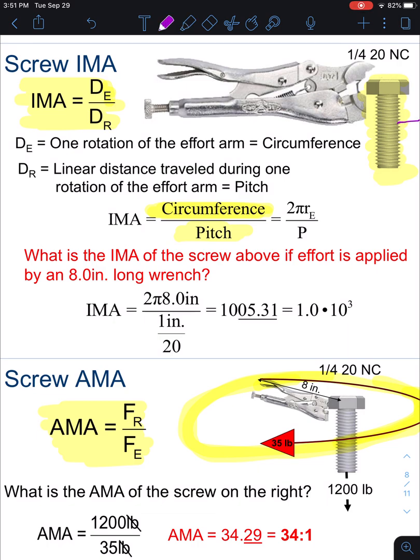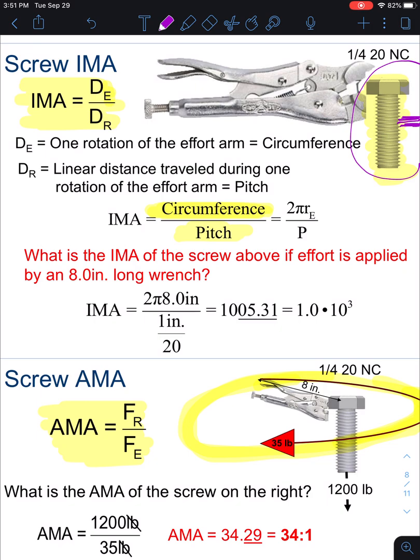That distance between two of those threads is what we call the pitch.